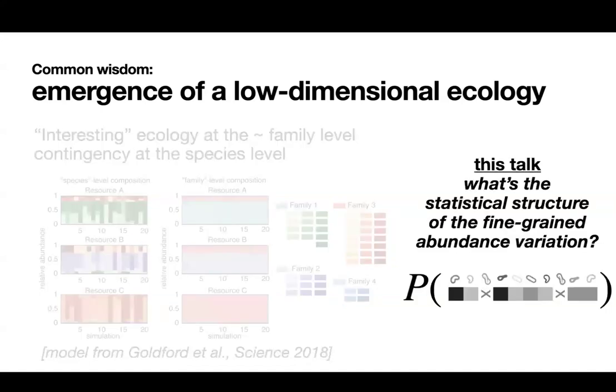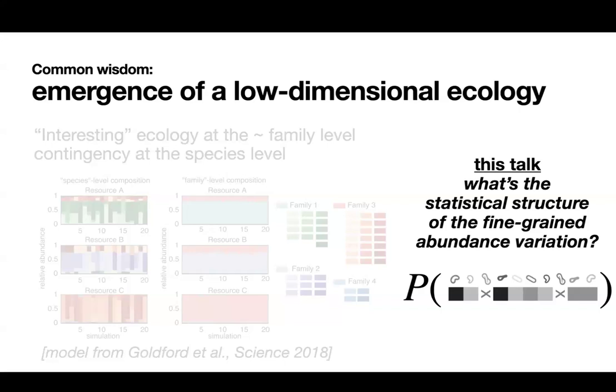And so in the rest of this talk, what we try to do is answer the following question: in this context where we know that there are these alternative stable states corresponding to some coarse definition of species, what is the statistical structure of the fine-grained abundance variation?